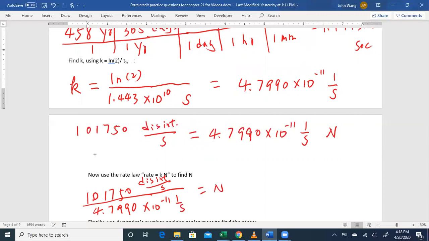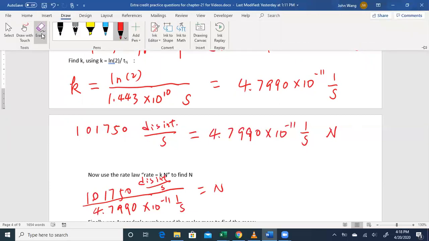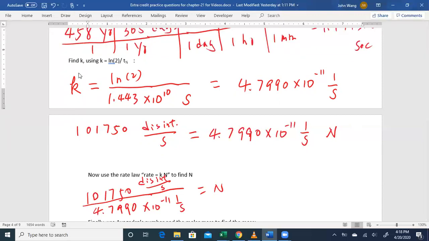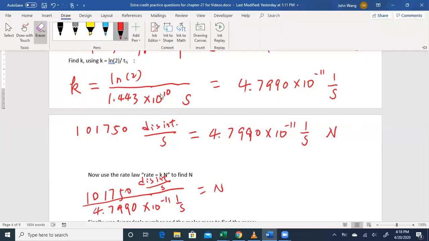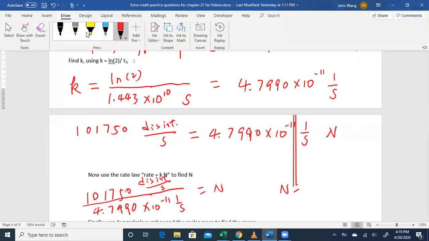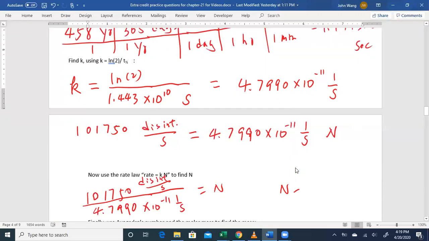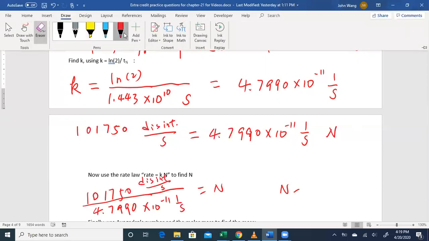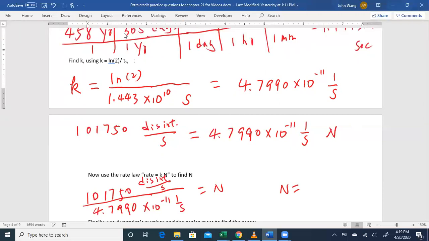Therefore, we find N, how many disintegrations, that means how many particles we have. All right, so you find that N equals 2.1202 times 10 to the positive 15.